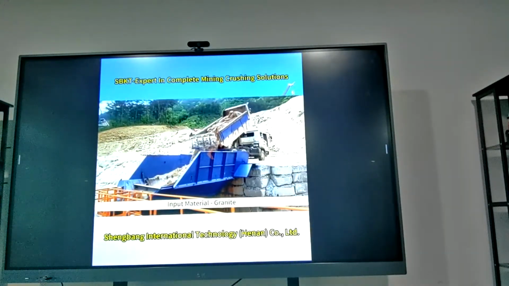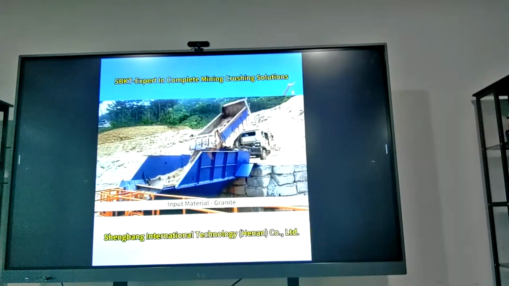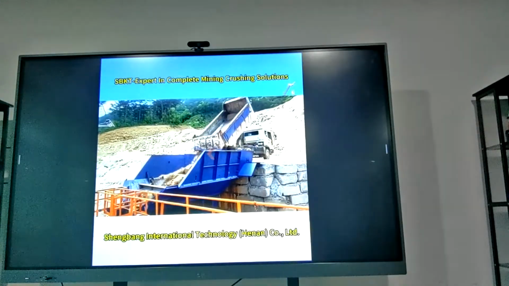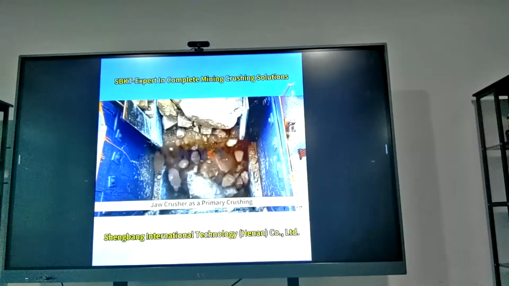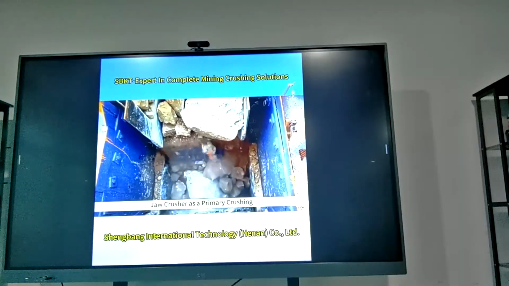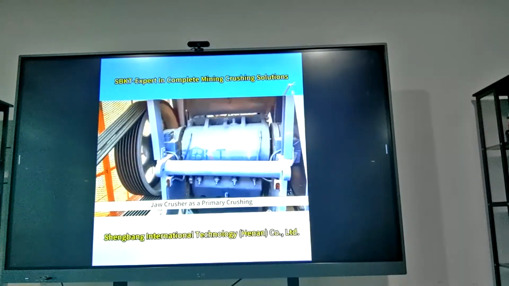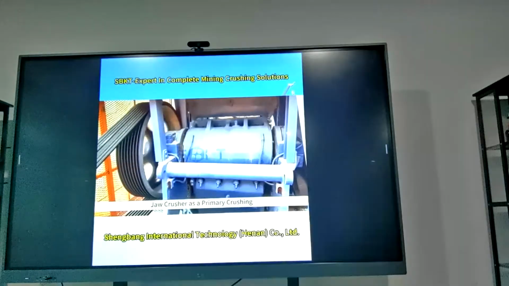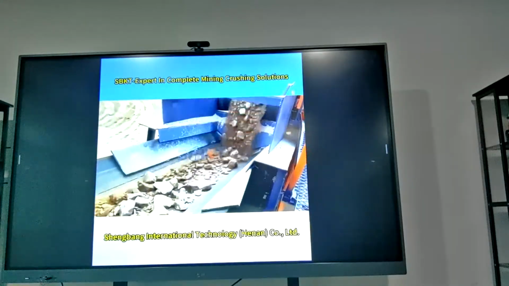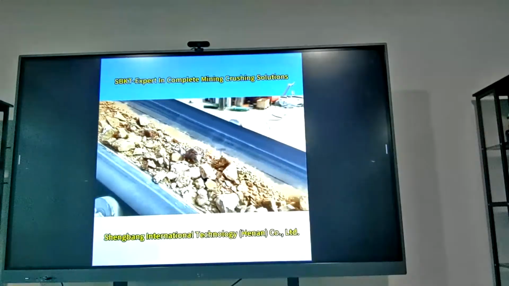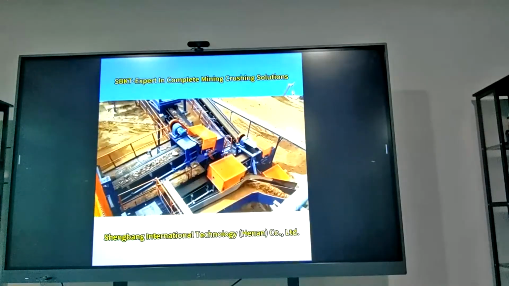It replaces the original rigid foot connection with an elastic limit block and rubber damping device, which effectively absorbs the peak load of vibration so as to reduce the impact force between the crusher and foundation and prolong equipment service life.